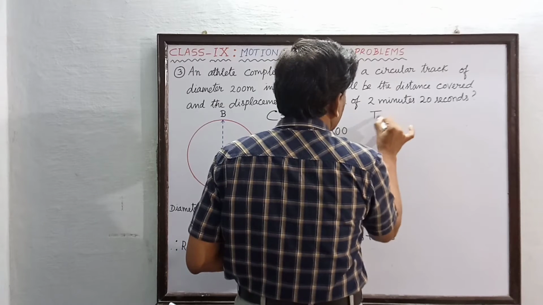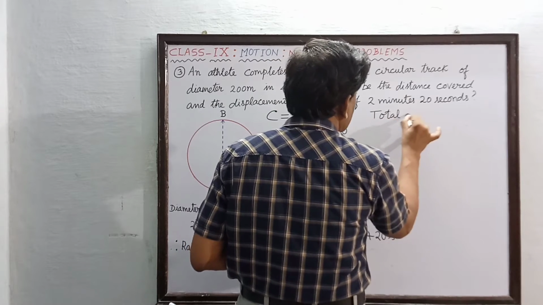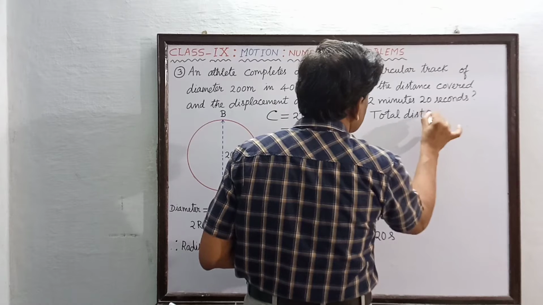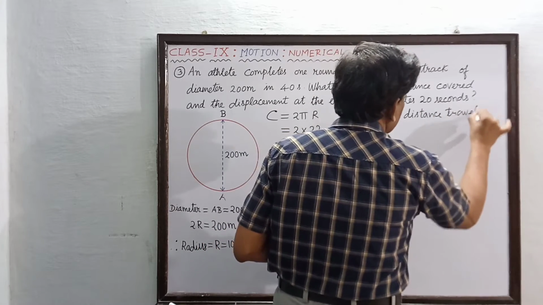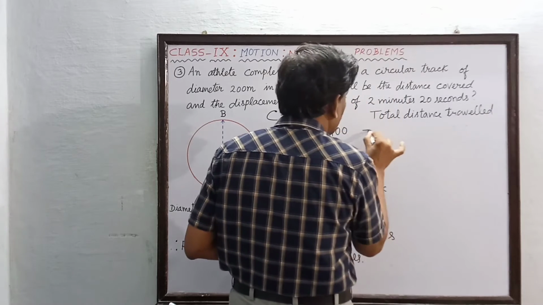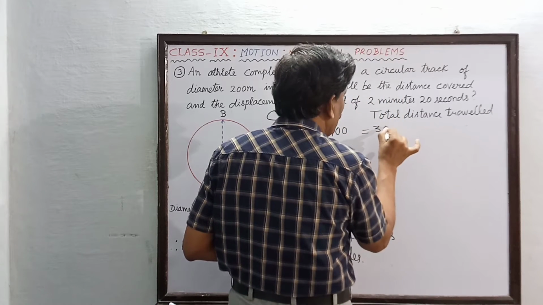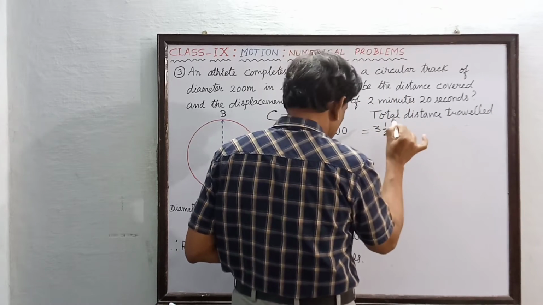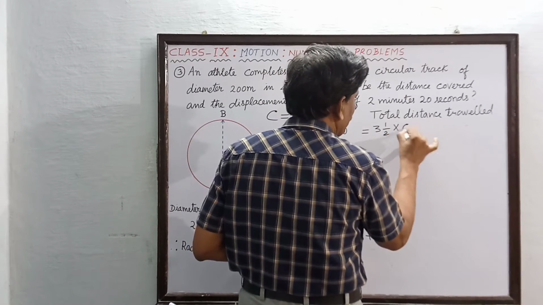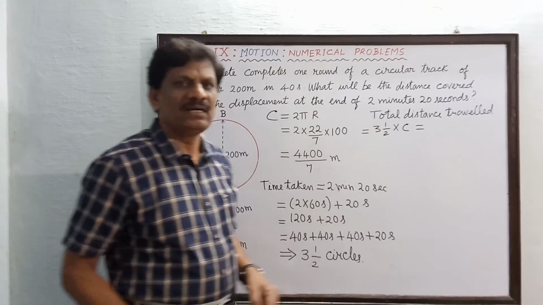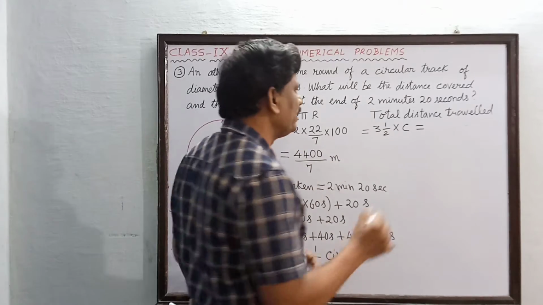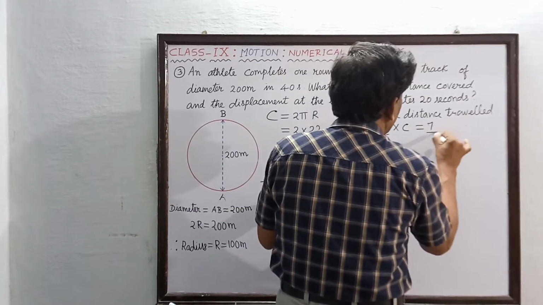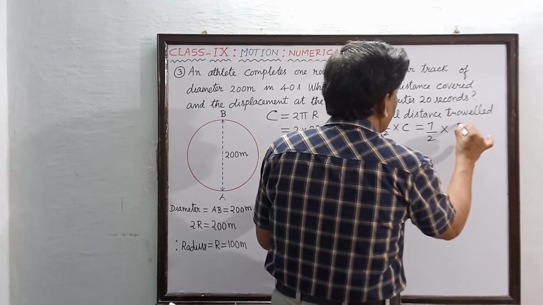Now, what is asked? Total distance traveled. Total distance traveled must be equal to 3.5, that is 3 1 by 2 times the circumference. 3.5 is once again 7 by 2. So it is 7 by 2 times the circumference.